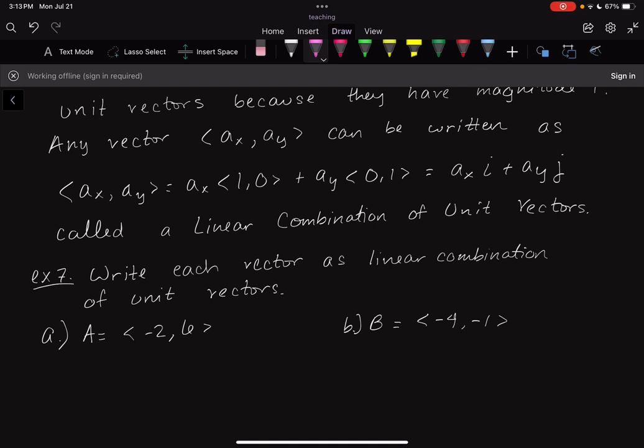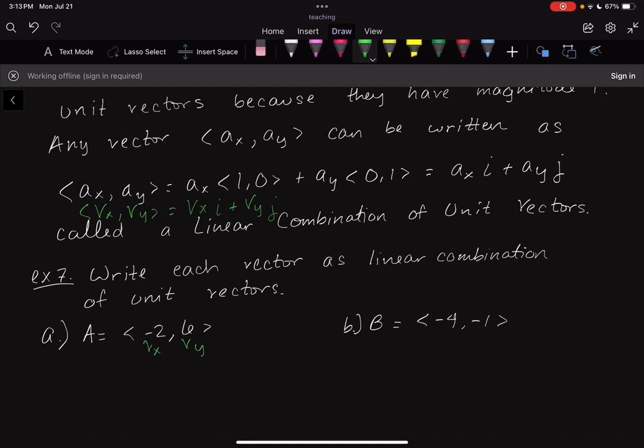Now it may have made a little bit more sense if instead of using a, I had used v instead. So if it was like vx comma vy, really what you're going to turn this into is vx times i plus vy times j. So just a new way of writing the vector.